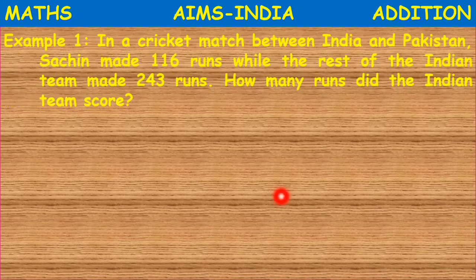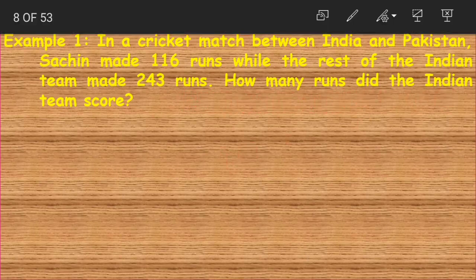Let us solve some examples. Example 1. In a cricket match between India and Pakistan, Sachin made 116 runs while the rest of the Indian team made 243 runs. How many runs did the Indian team score? Sachin made 116 runs and the other members of the team made 243 runs.